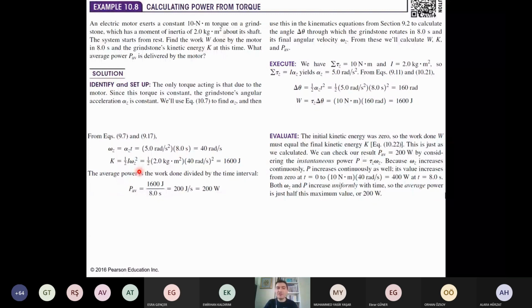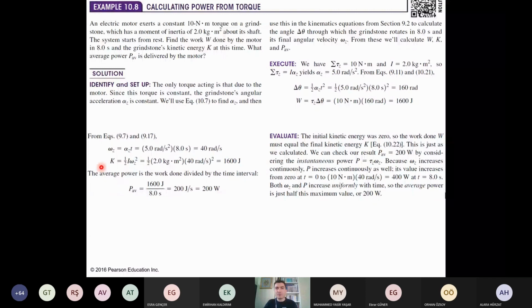So what was the initial rotational kinetic energy? The system starts from rest, so the initial rotational kinetic energy was 0. This is the final rotational kinetic energy when the time is 8 seconds.